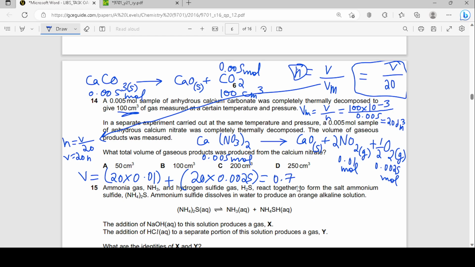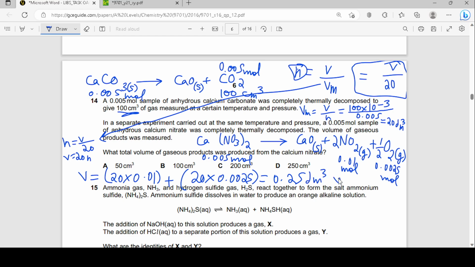Did I do something wrong? Okay, I think I did. 20 times 0.0025. Okay, well, just a calculation error. Let me just check again. 20 into 0.01 and then plus 20 into 0.0025. Yeah, that one is 0.25 dm cube.